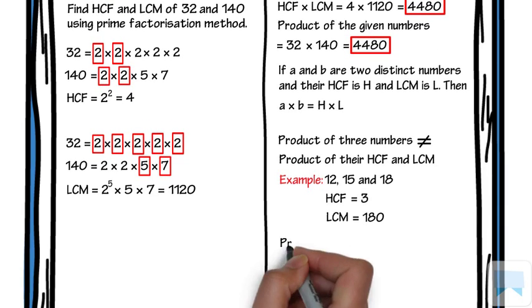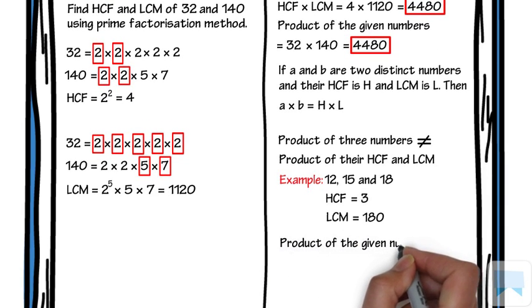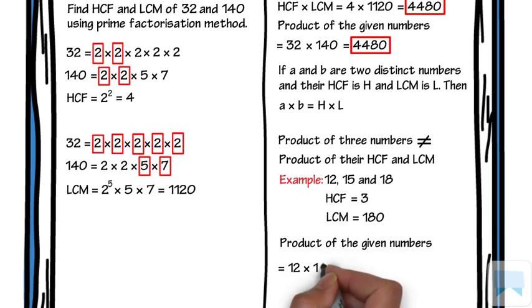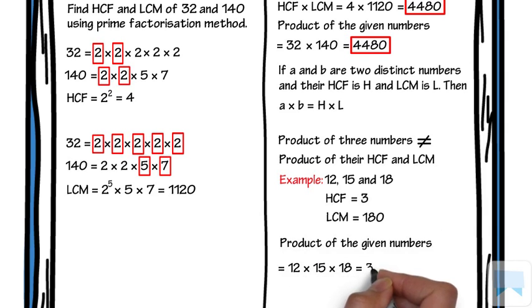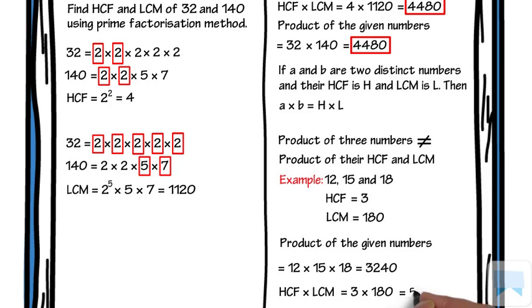If we take the product of these numbers 12, 15 and 18, we get 3240. And if we multiply the HCF and LCM of these numbers, that is 3 and 180, we get 540. So, from this example, we understand that the product of three numbers is not equal to the product of their HCF and LCM.